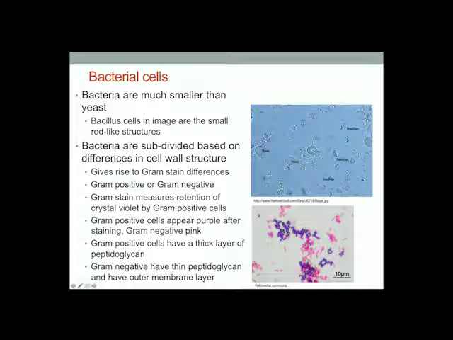The gram-negative cells are pink, because they have been washed free of the first stain, crystal violet, and then they're stained by the second stain used, called safranin. The main biological difference is that gram-positive cells have a very thick layer of the cell wall substance peptidoglycan, and gram-negative cells have a thin peptidoglycan cell wall, but they also have an outer membrane layer.